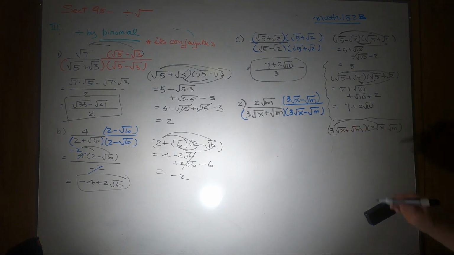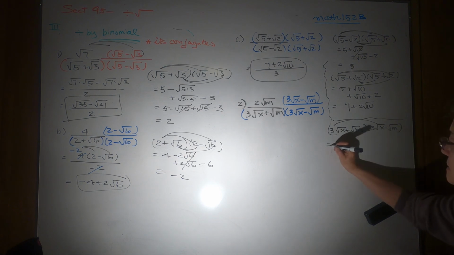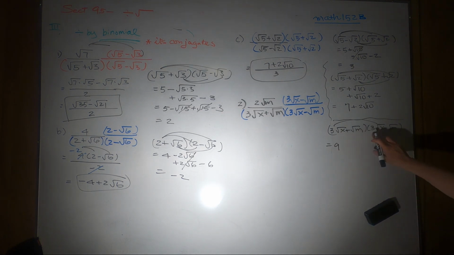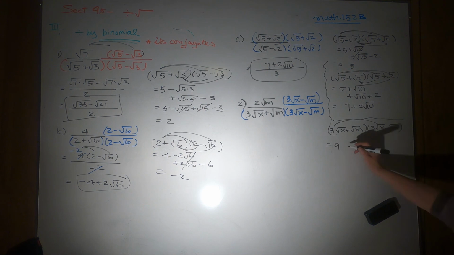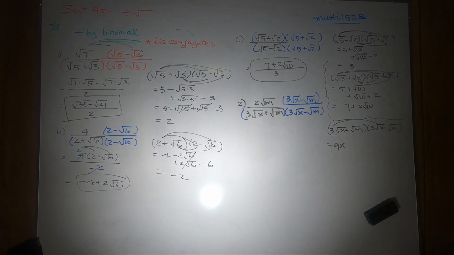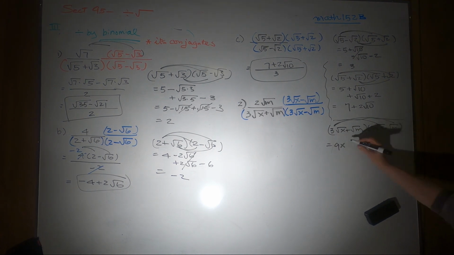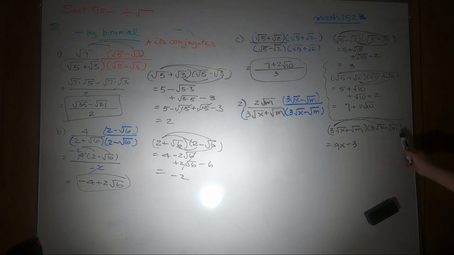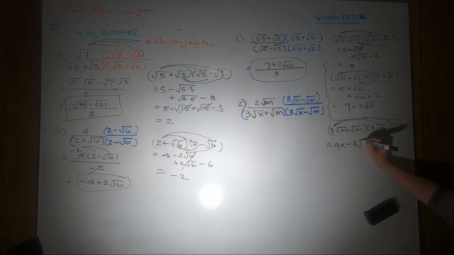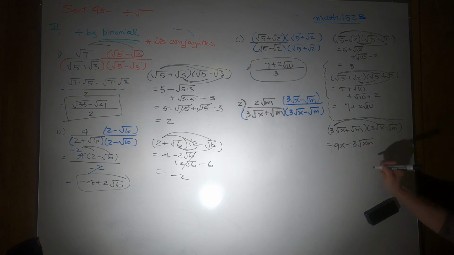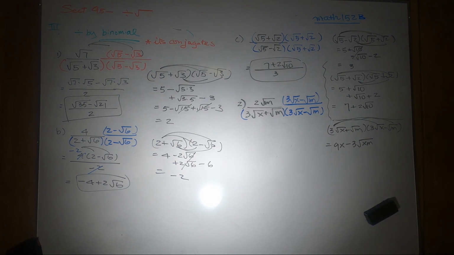So, first term, 3 times 3 is what? 9. Square root of x times square root of x is what? x, right? Next term, 3 square root of x times negative square root of m. Then 3 is 3. Then radicals, they are the same kind of radicals, square root, then you should multiply them inside together.